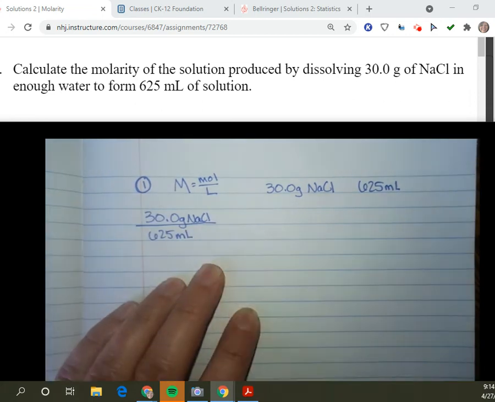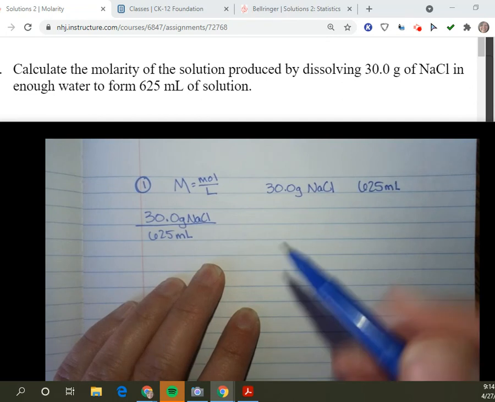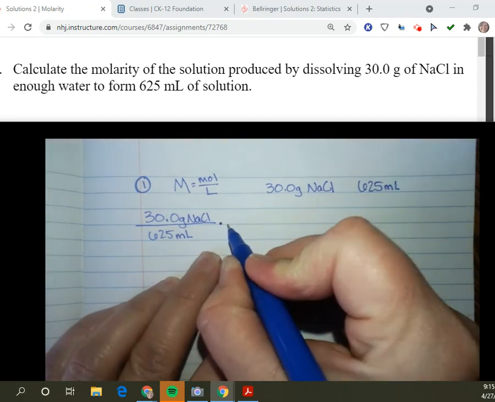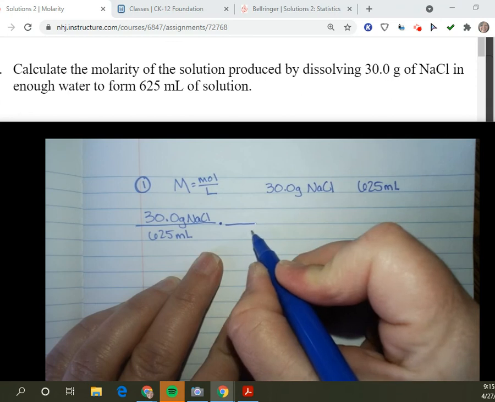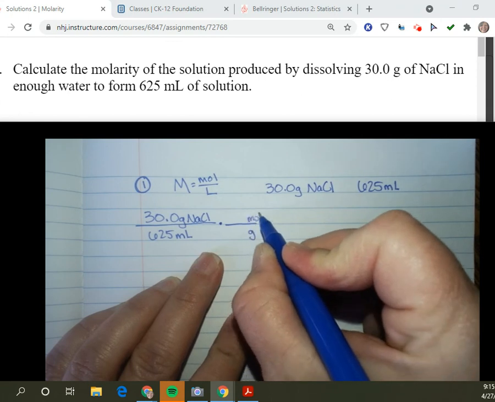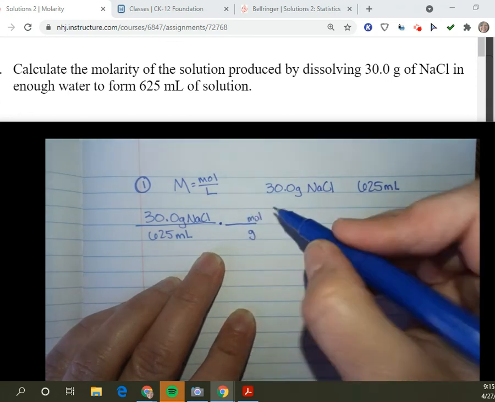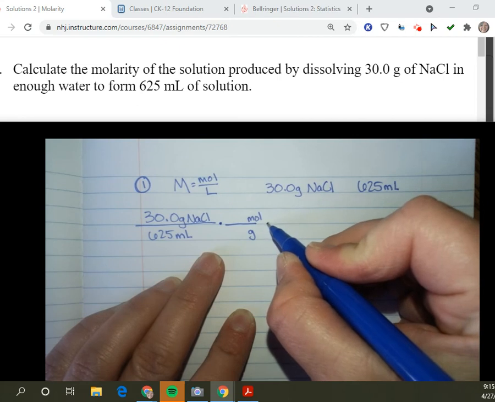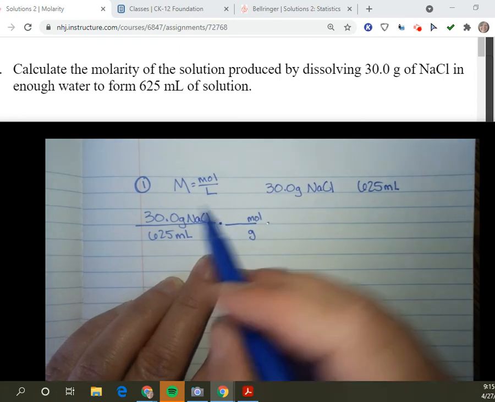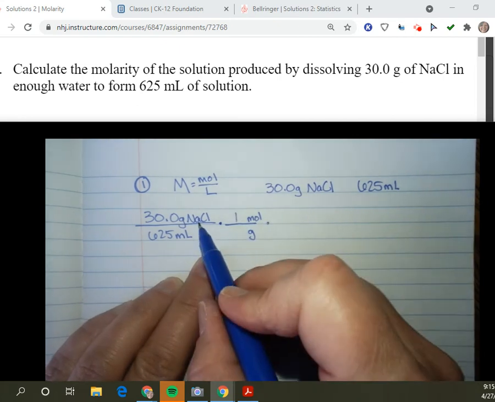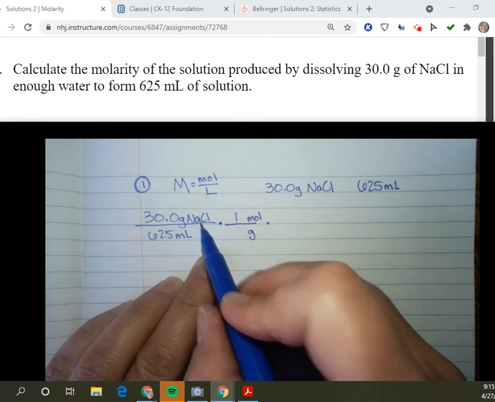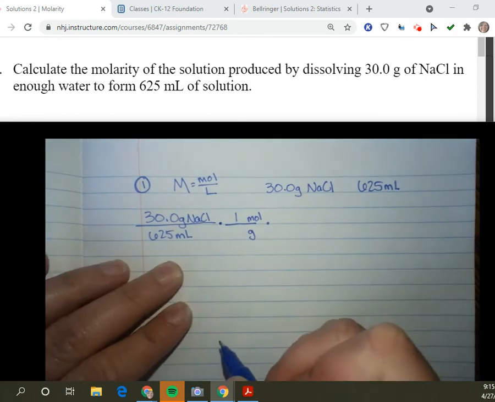Okay, but I want molarity. So I need to change my grams to moles. Right? And so what that means is I need to calculate a molar mass for that.